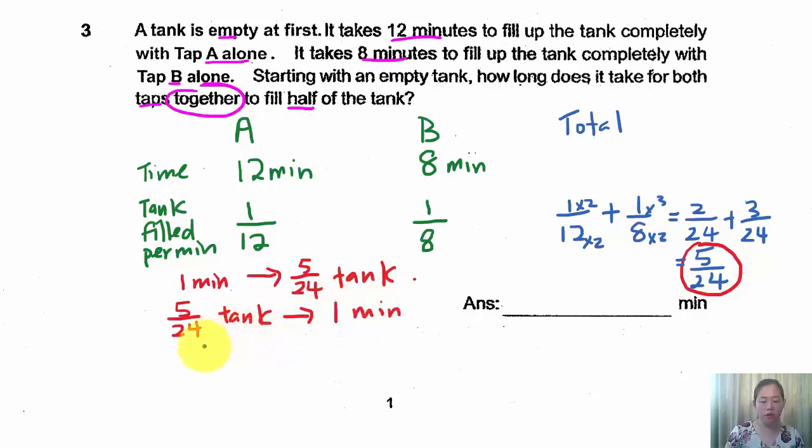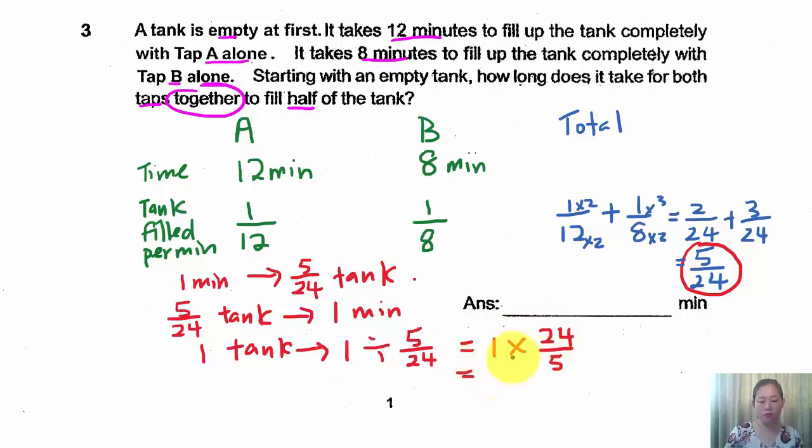How about to fill up one tank? One tank will be 1 divided by 5 over 24. When you do fraction division, divide changes to times, and this will become 24 over 5, which is equal to 4.8 minutes.